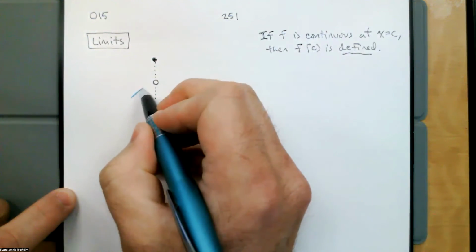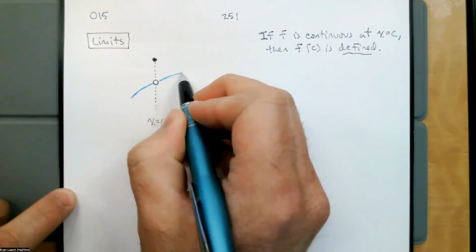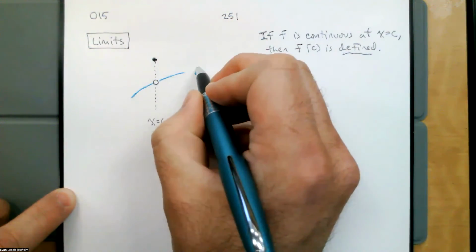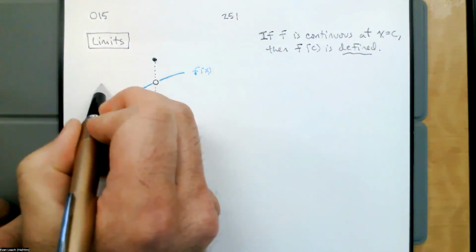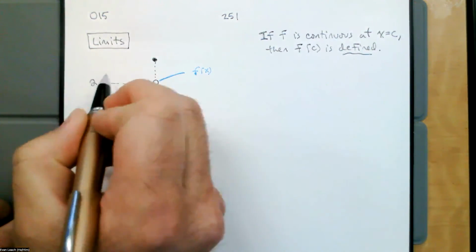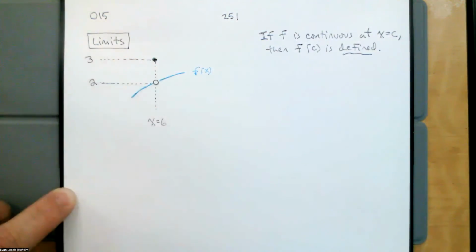The hole happened when y is equal to 2, and the value of the function was 3.